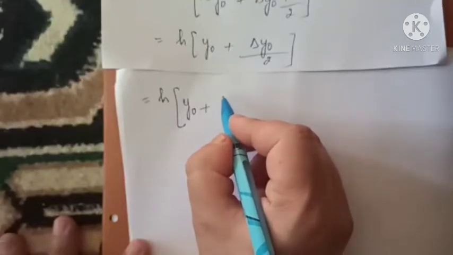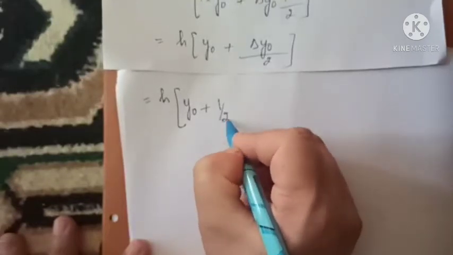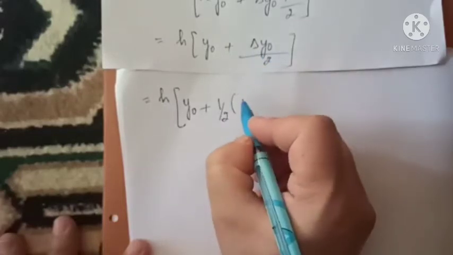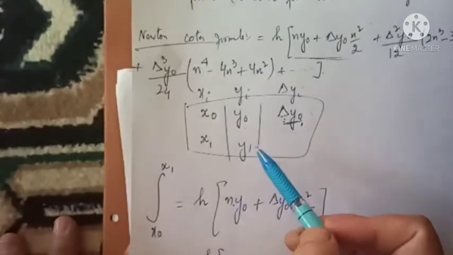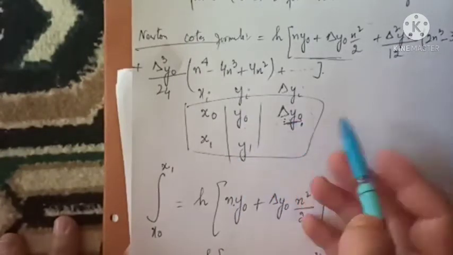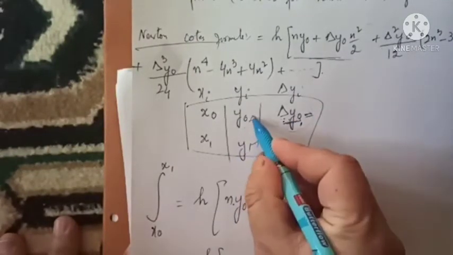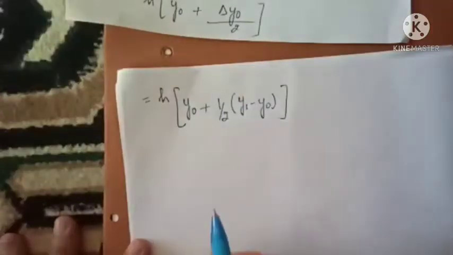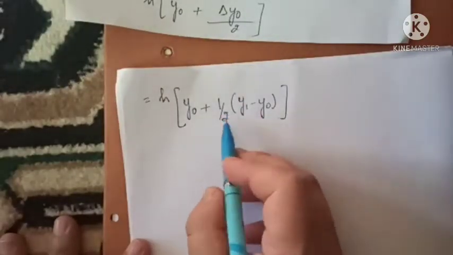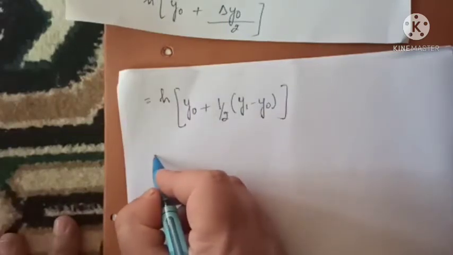Delta y0 is always equal to y1 minus y0. As you can clearly see, delta y0 is always this minus this, y1 minus y0, and divided by 2, I wrote it like this.